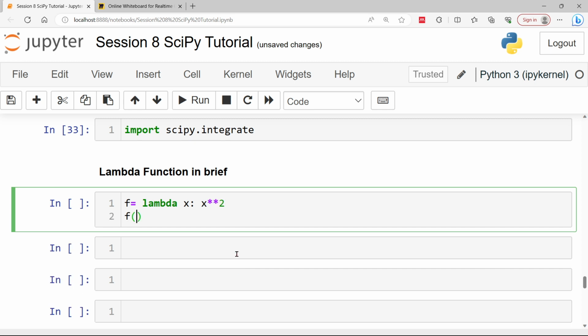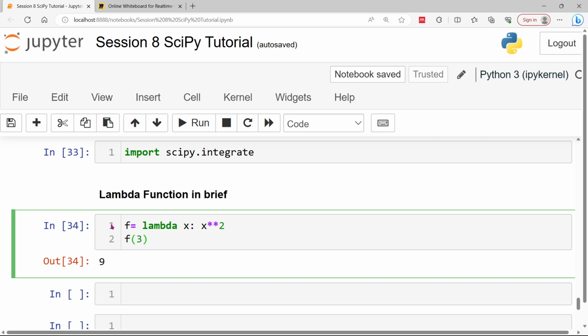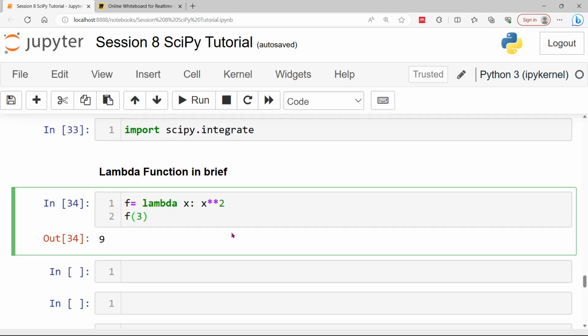So f of 3 would be 9. I applied this f, which is a lambda function, an anonymous user defined function that has no name but only functionality. Here we have x raised to power 2, so 3 raised to power 2 will be 9. Let me change this code to x raised to power x.